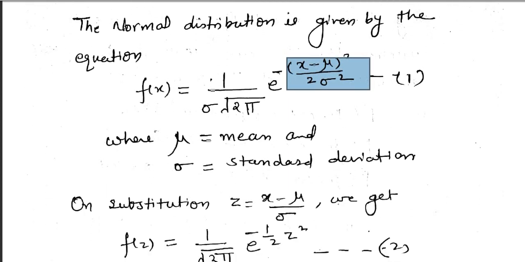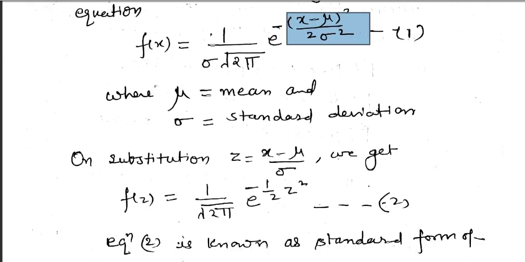Now here the relevant symbols are mu is equal to mean, sigma is equal to standard deviation. So if you substitute z is equal to (x minus mu) upon sigma, as we discussed earlier, this z is known as normal variate, or sometimes we denote this as standard normal variate.